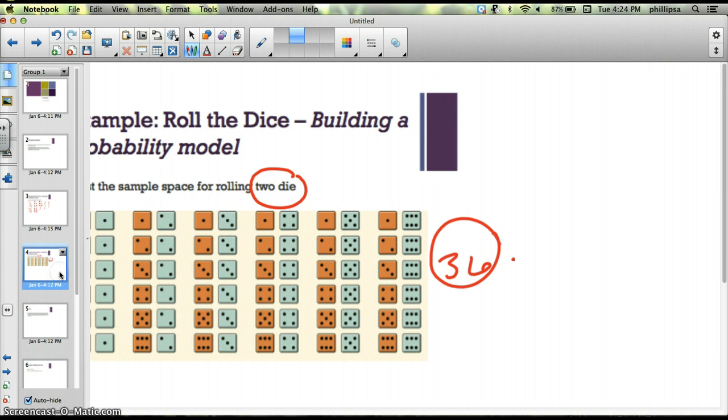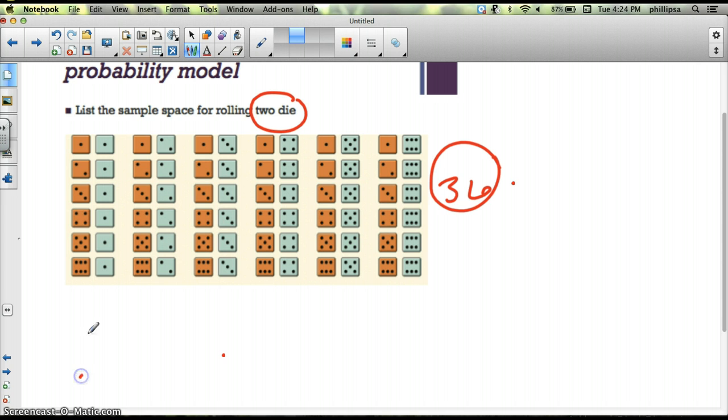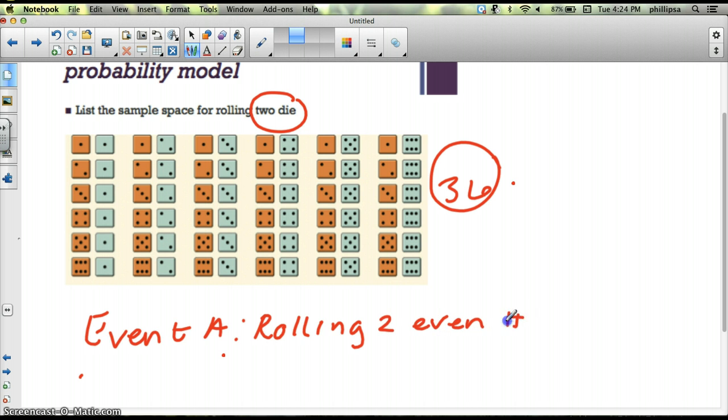So if I said to you guys, let's define an event. Let's say event A is going to be rolling two even numbers.